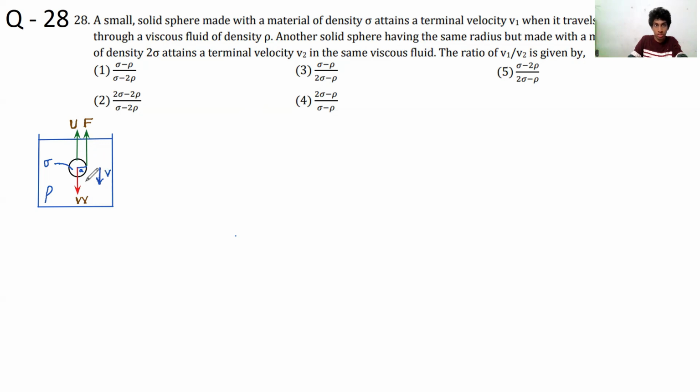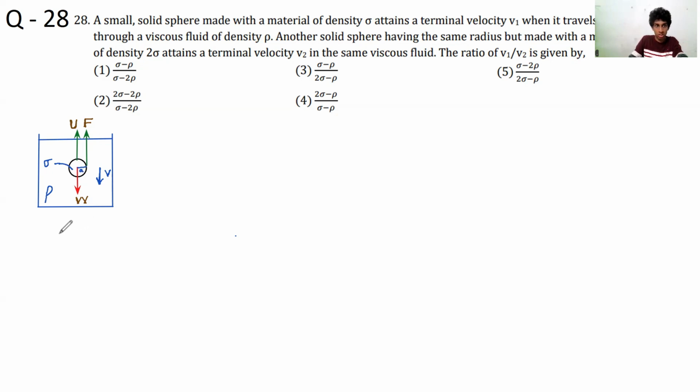So this is the spherical object, and W is the weight of the object, and U is the upthrust acting on it, and F is the viscous force acting on it, and sigma is the density of the material of the body, and rho is the density of the fluid, and V is the terminal velocity of the sphere.